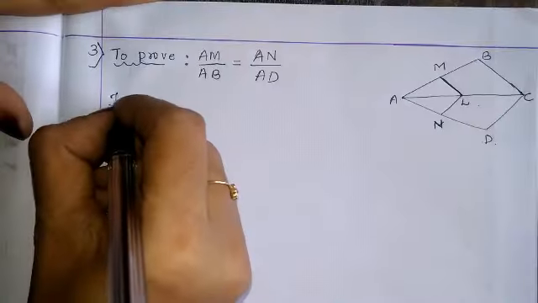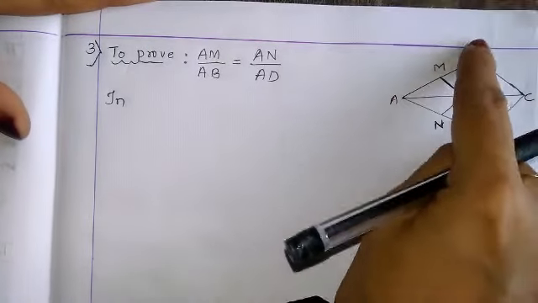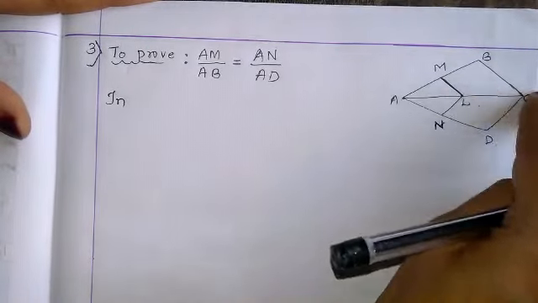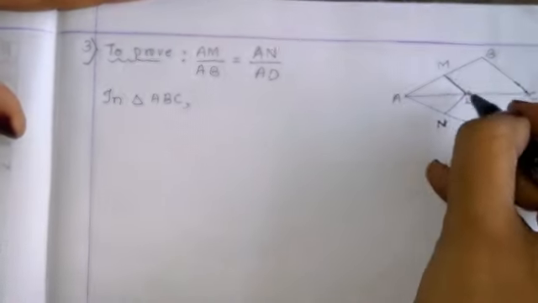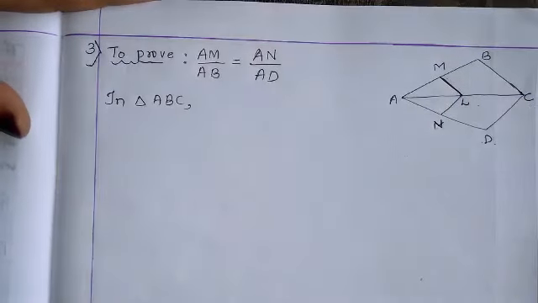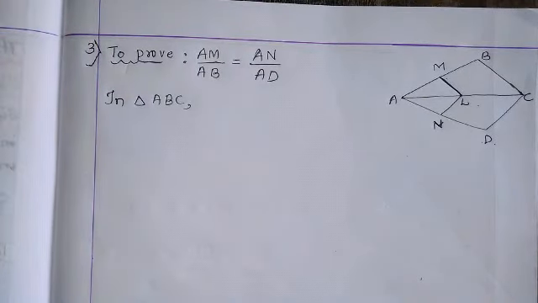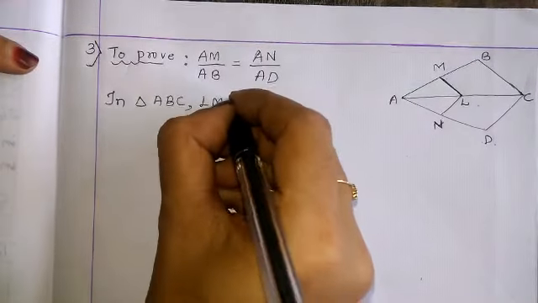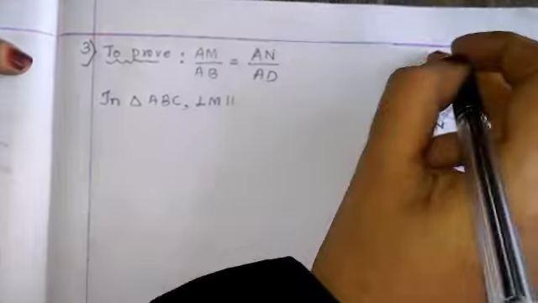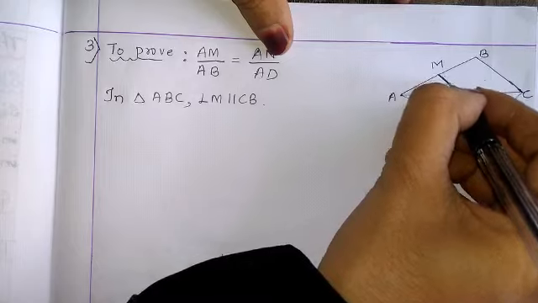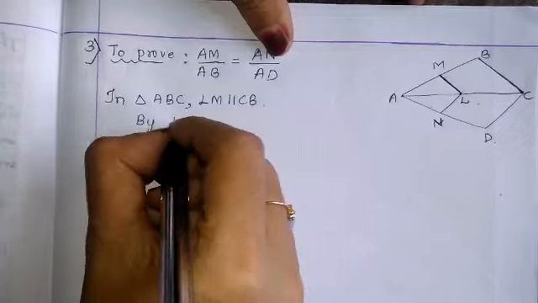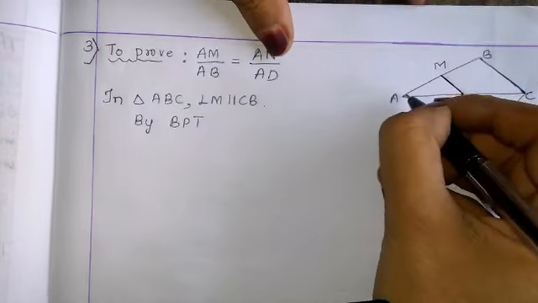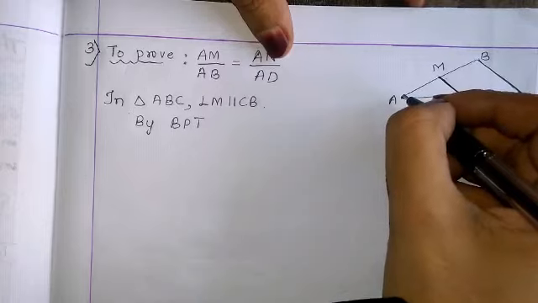In triangle ABC, I'll focus on the upper triangle now. They have given LM parallel to BC. So by Thales theorem, BPT, which we have learned, if a line is parallel, then the other two sides are in proportion.